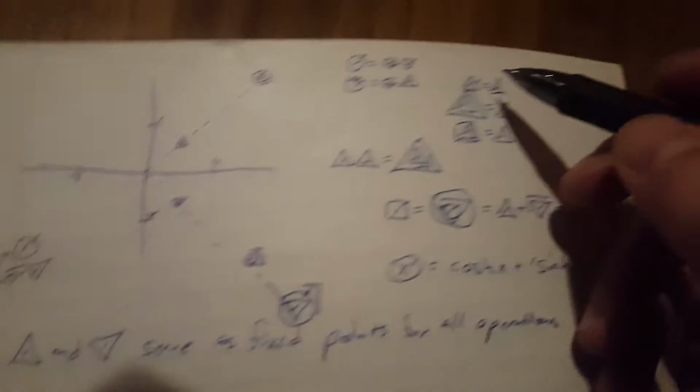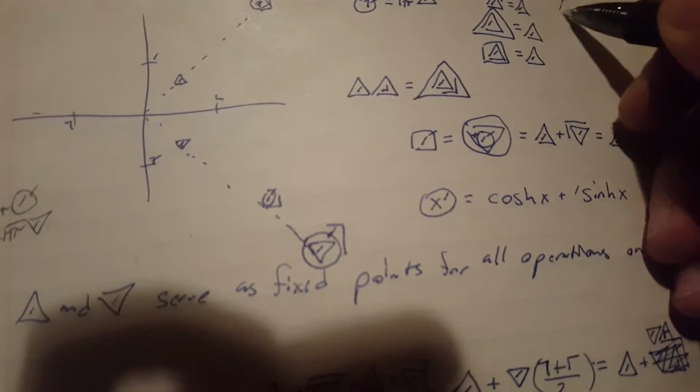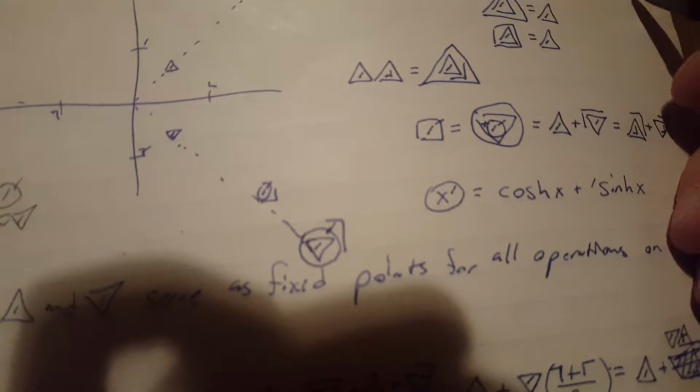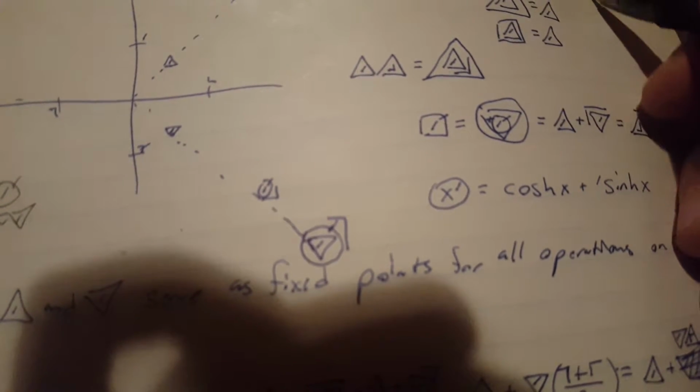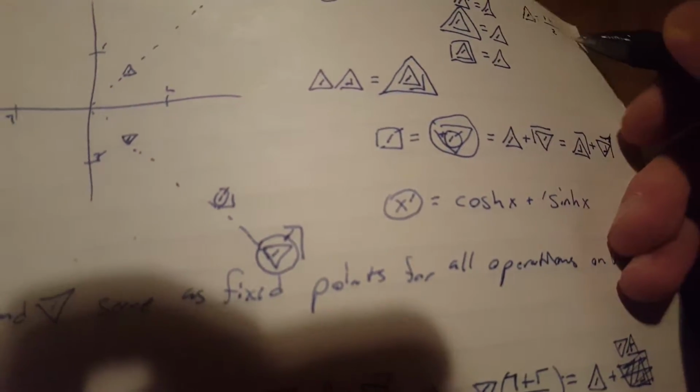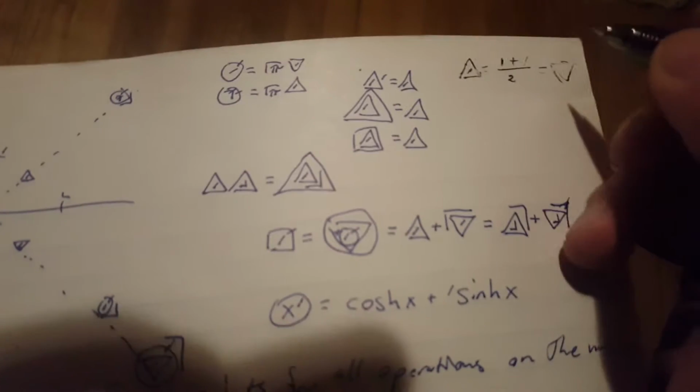These points are interesting because, well, for 1, let's define it a little bit better. It's 1 plus i over 2. That's also equal to down triangle of negative i.